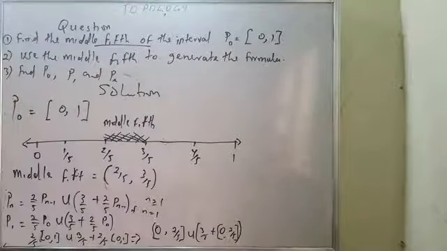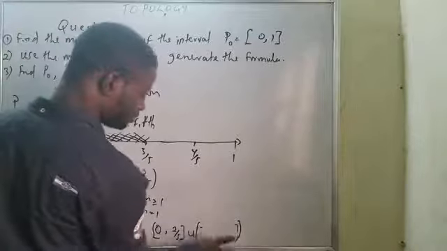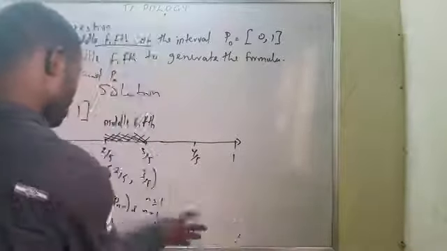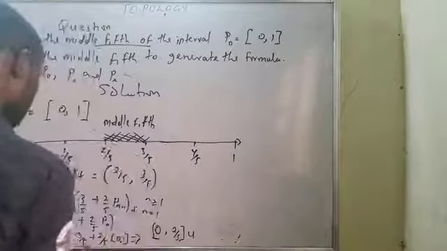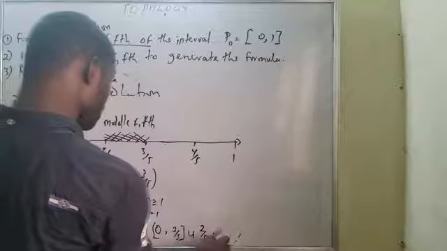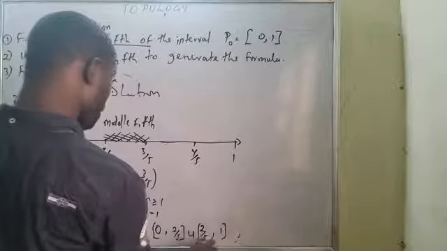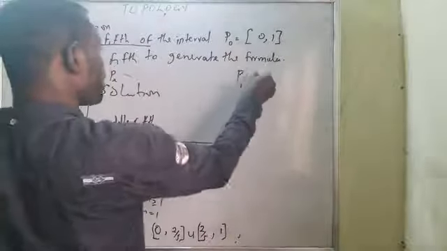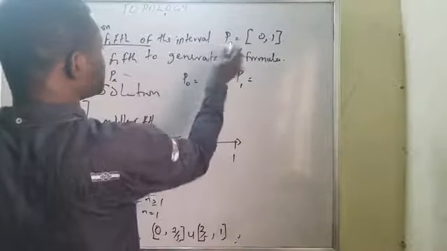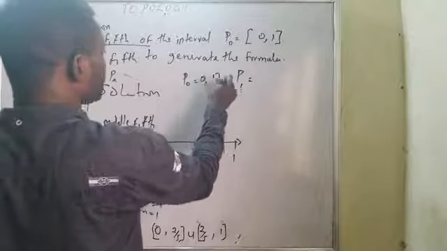It will show that this will give me, without stress, 2 all over 5, comma 1. Now, it means my P0 is given as 0, comma 1.